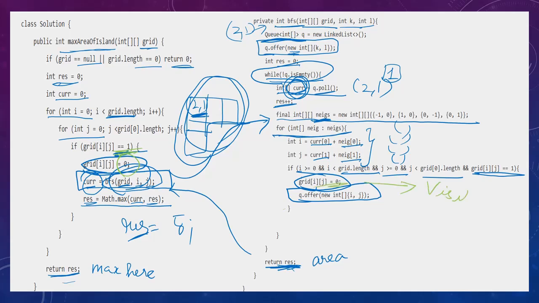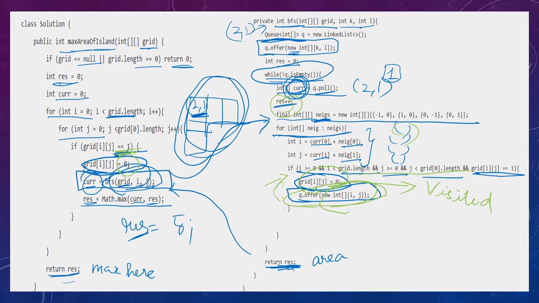So once we calculated a new node and calculated its result, then we are going to set it to 0 and offer its neighbors to the queue. So every time we calculate a new coordinate, we are going to check if it is valid. Once it is valid, we are going to mark it as visited and then offer it to our queue.